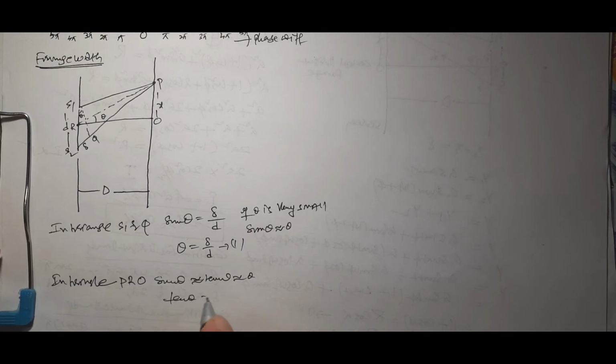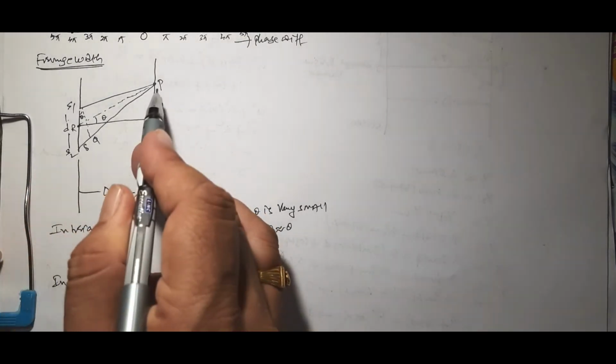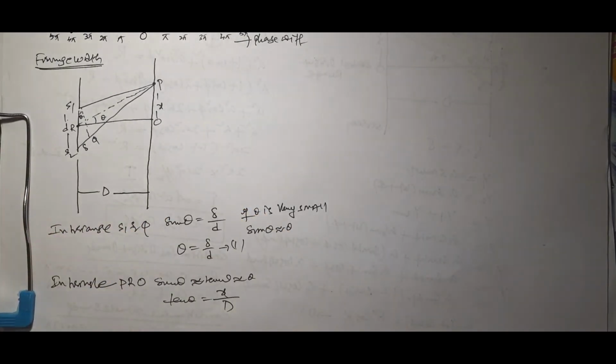So tan theta is equal to x by d, the opposite side x by d. If theta is small, sin theta is almost equal to tan theta, which is equal to theta. So this theta is equal to x by d. This is equation 2.